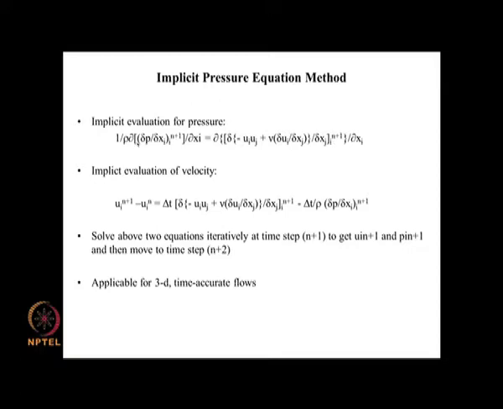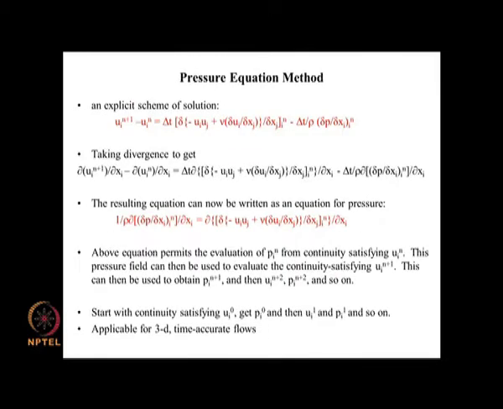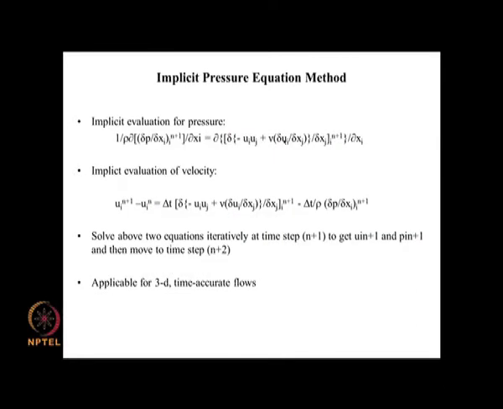So now if you want to evaluate pressure at n plus 1, you need to know the velocity at n plus 1, but you do not know the velocity at n plus 1. You can evaluate it only if pressure is known. So you have an implicit evaluation of velocity here, which requires p at n plus 1 and all the values u at n plus 1.